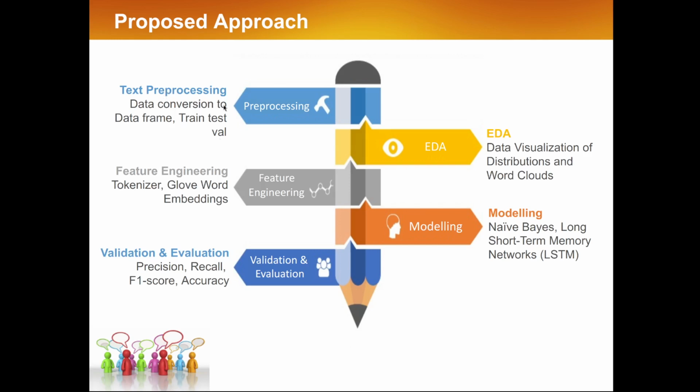Initially we were doing text pre-processing, and then after the EDA we were doing feature engineering, which is where we use the GloVe embeddings to convert raw text into tokenized words and vectors, and while modeling we would use the LSTM model to predict the probability.